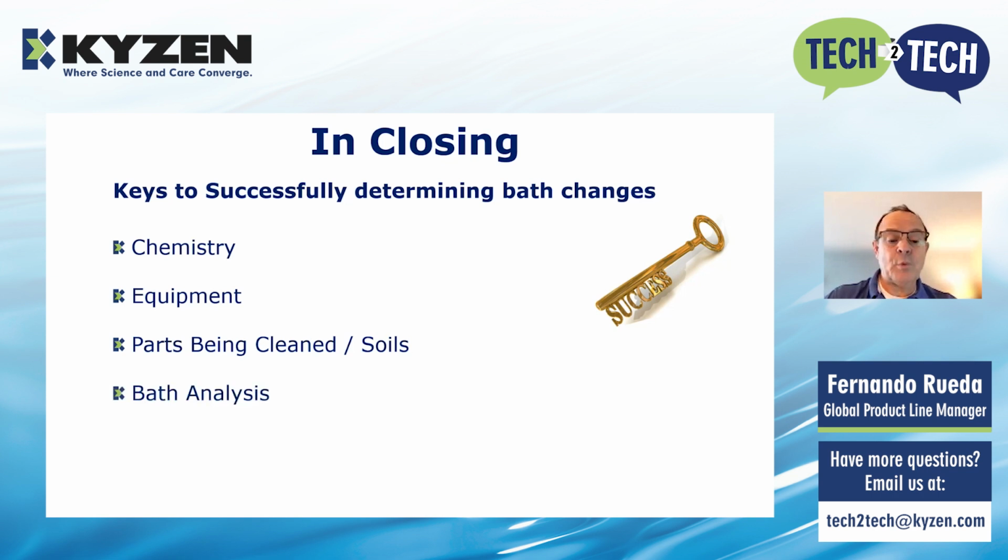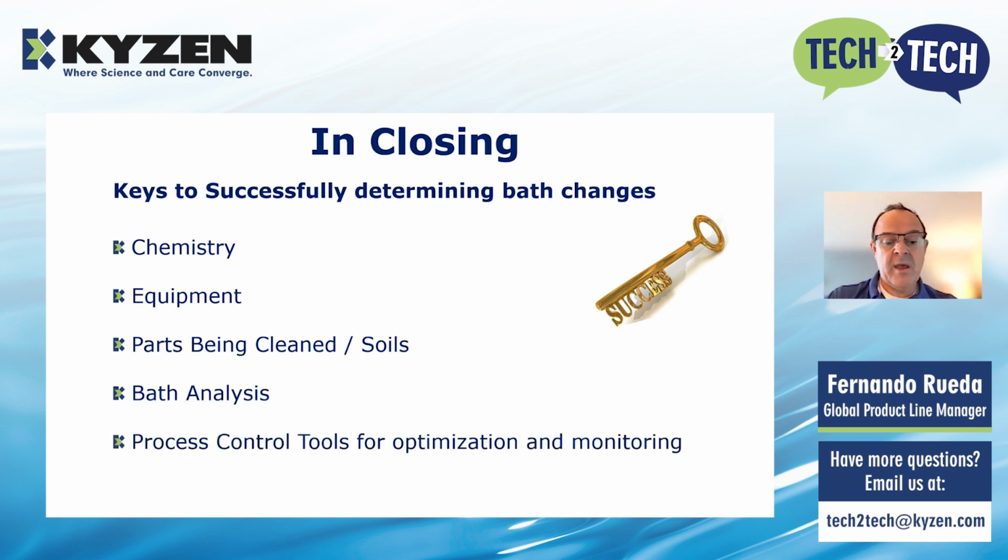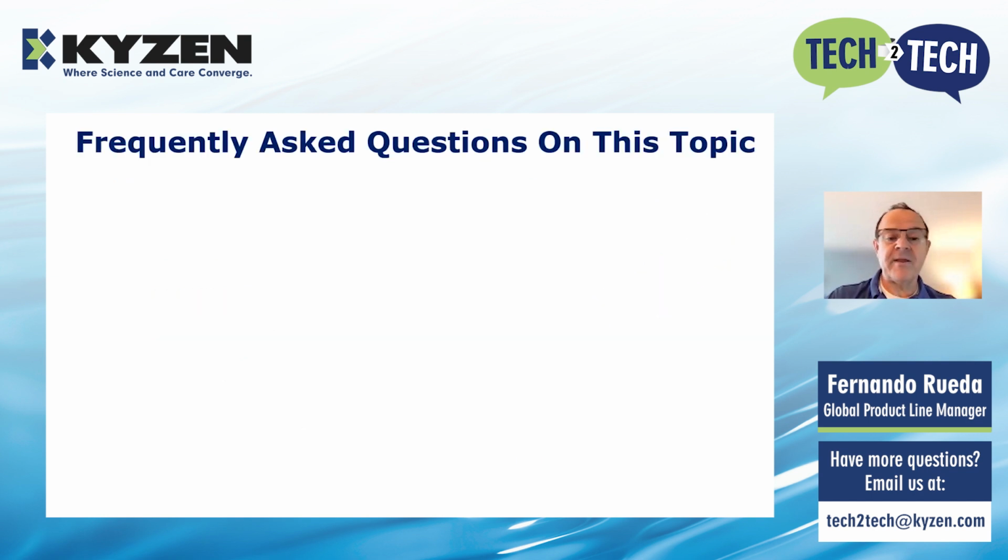Bath analysis will help you maintain your bath, but also trying to monitor whether you are meeting the standards that you're trying to achieve for different parts and different uses. And process control, always key to maintain a proper cleaning process and extend and maximize the bath life of your washing solution. Some frequently asked questions on these topics.